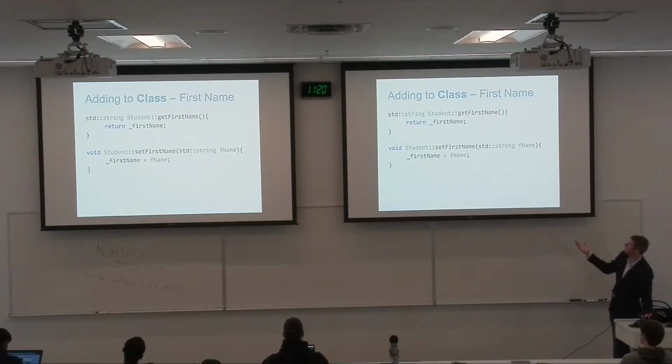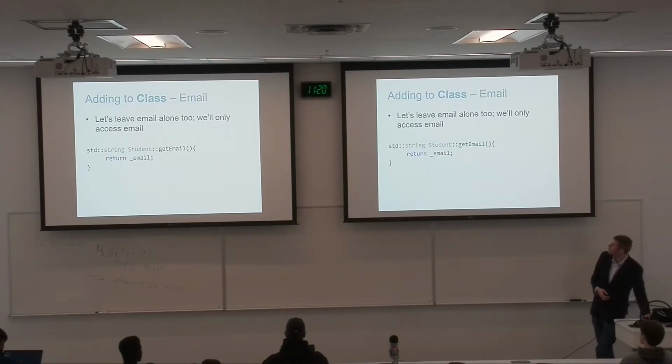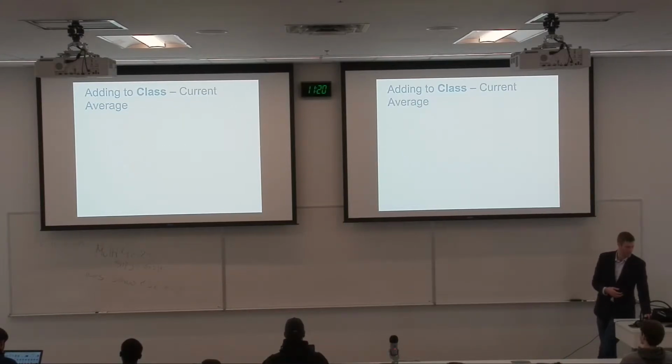So we saw them here quickly. Here's the getter and a setter for first name, last name. Student number, we should never be able to change it, so maybe all we can do is get it. Email address, just get it, shouldn't be able to change it, it's set once you get here.